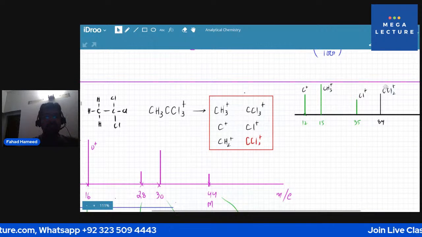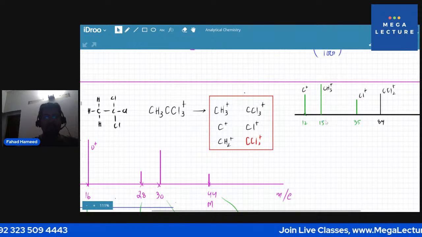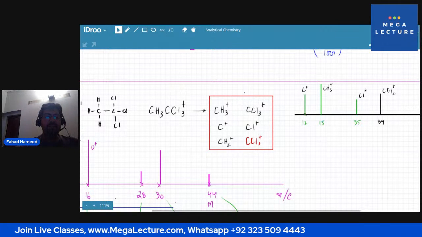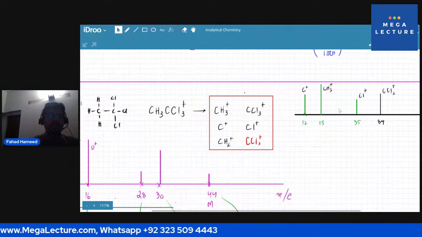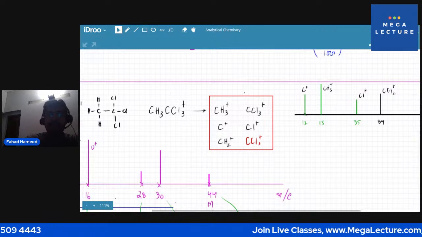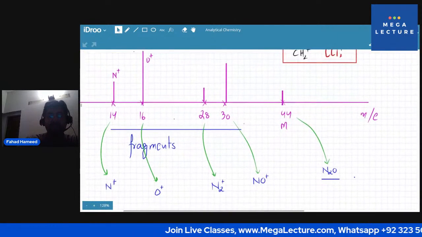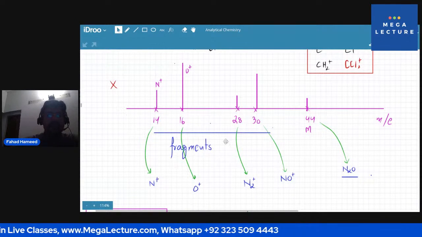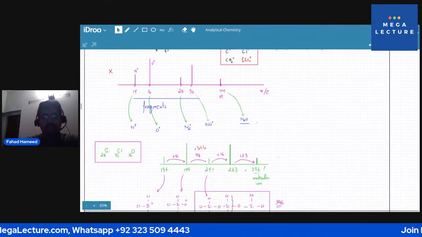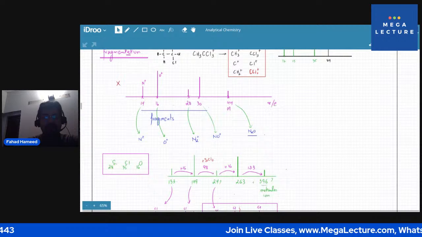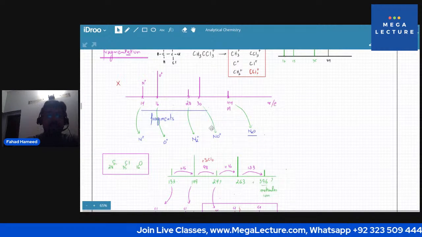Now, there's a lot of information hidden in these fragments as well. You get to know a lot about the structure of the molecule. It's like a puzzle: if you've got this big molecule, the smaller pieces give you a lot of information. Let's directly jump to questions, just to explain how these smaller particles help you figure out the molecule.